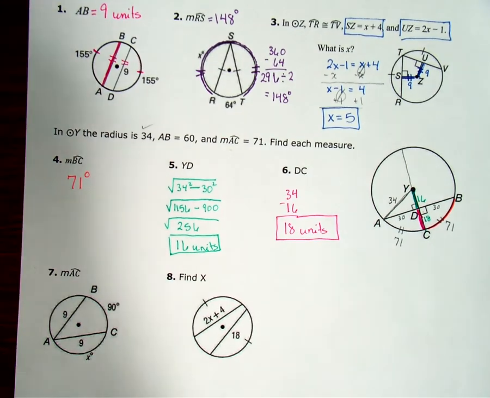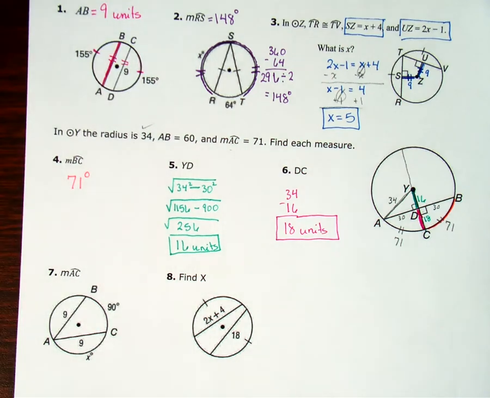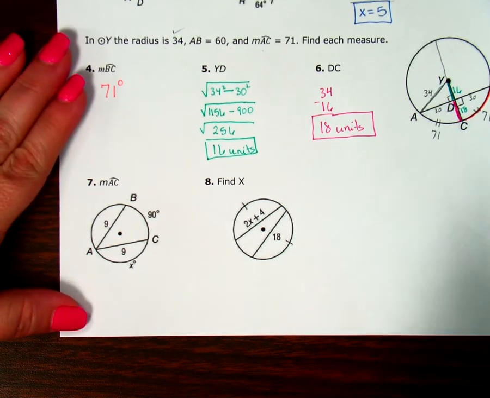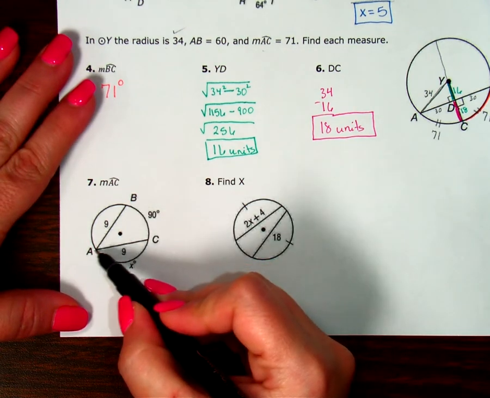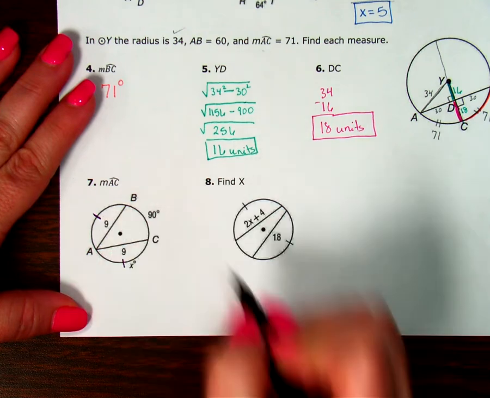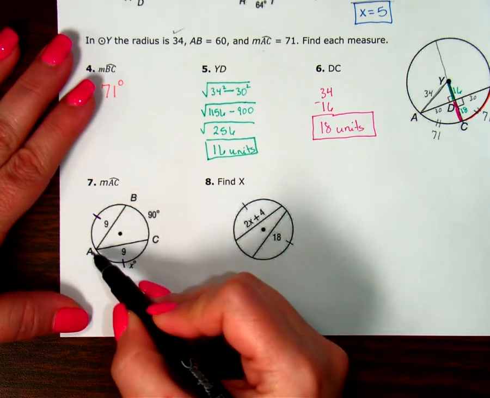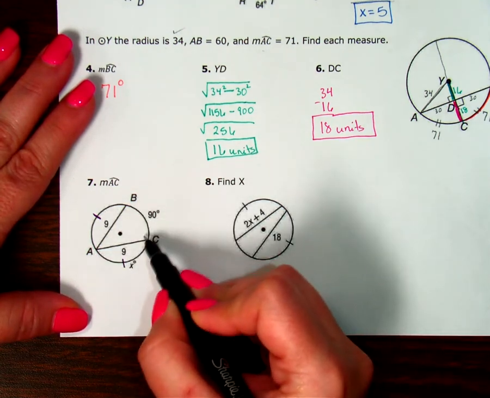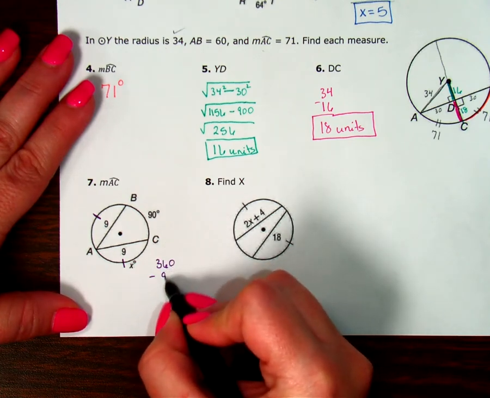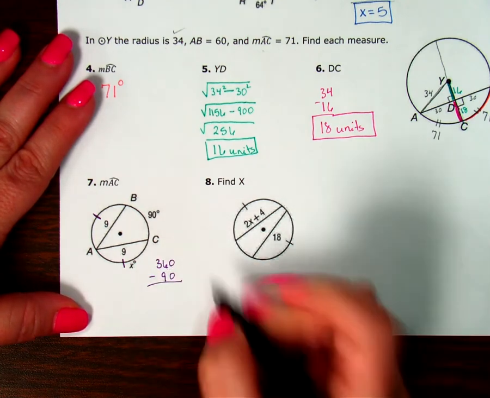Okay. All right, let's look at number 7. For number 7, the measure of arc AC. When I look at this figure, the first thing I notice is I have 2 chords that are the same. That means I have 2 arcs that are the same. I've used 90 degrees here. There's 360 degrees in the whole circle. I've already used 90.